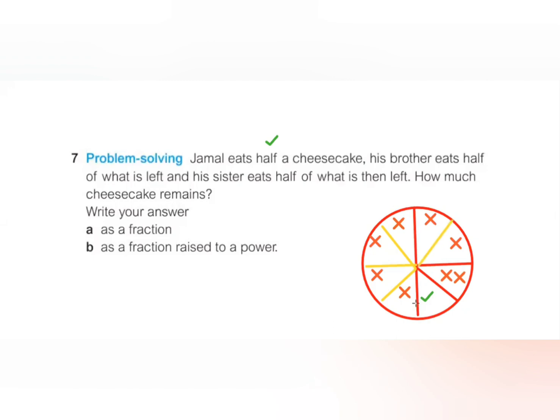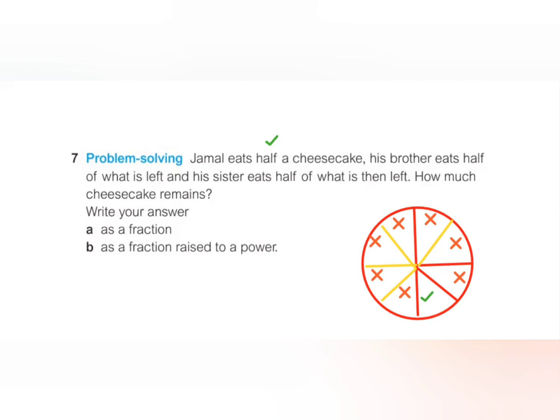Okay. Now, first we need to understand how many parts or pieces of the cheesecake there are. There are 1, 2, 3, 4, 5, 6, 7, 8. Now, I'm going to show you this way, and then I'm going to explain using numbers. So all of them are 8. The ones which are left is 1.